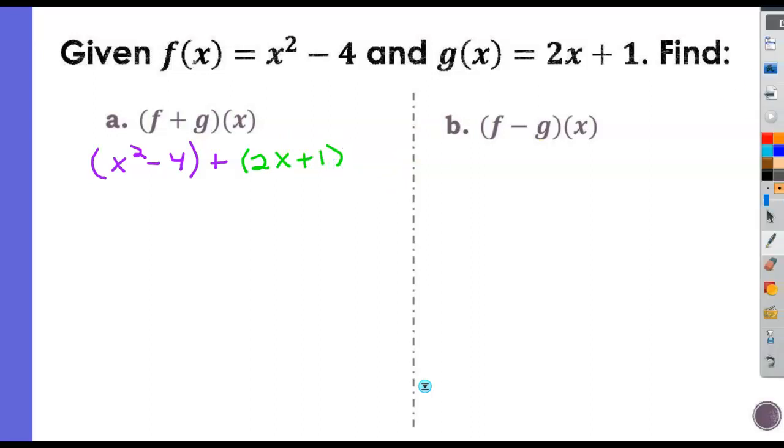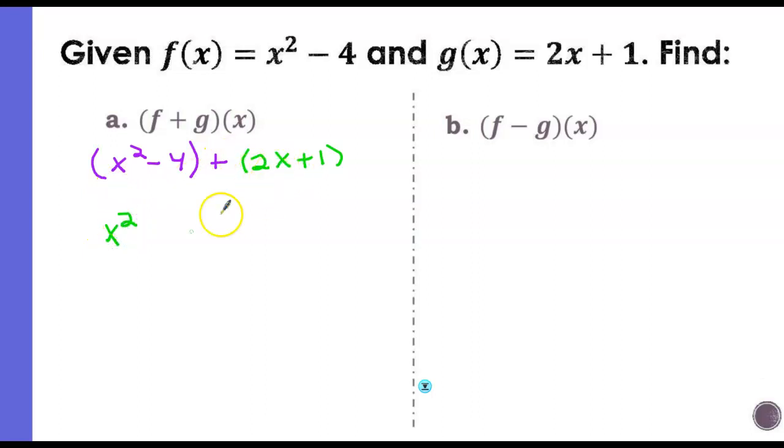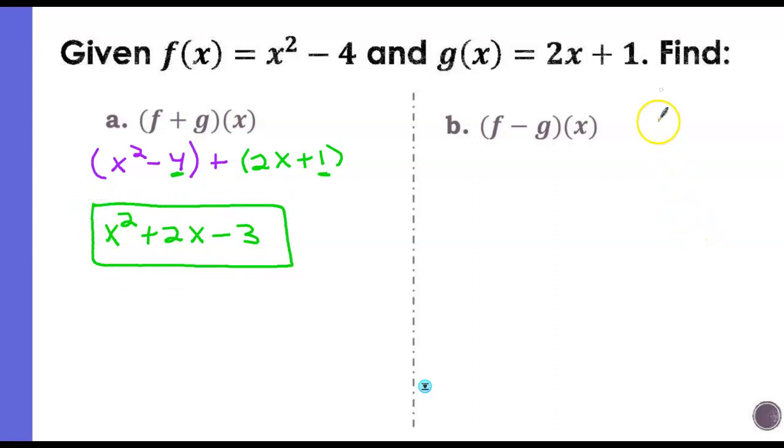What's really nice about this problem is all I have to do is combine like terms. So the x squared, I have nothing to combine it with. Then the 2x, and then I can combine this negative 4 and this 1 together to get minus 3. So that's how I would do that operation.